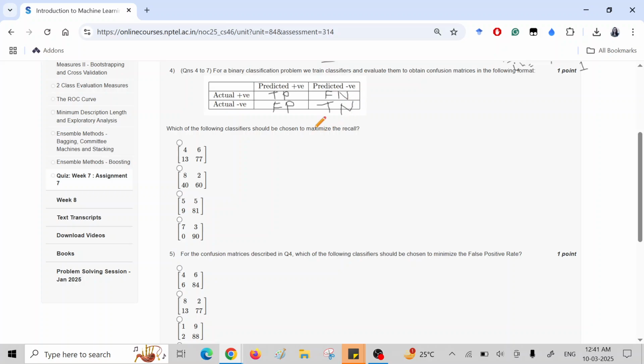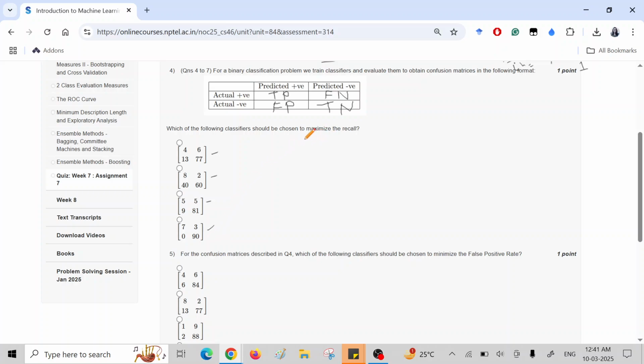Now there are four classifiers, classifier number 1, 2, 3 and 4. These are the statistics of true positive, false negative, false positive and true negative for all four classifiers after running on a given data set for binary classification.